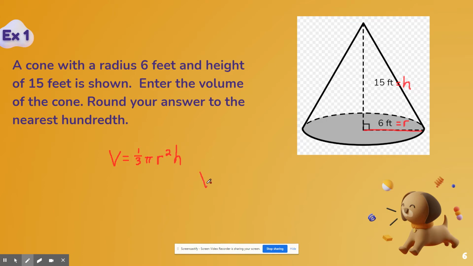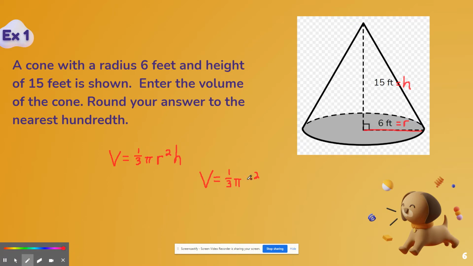So I would do the volume is going to equal 1/3 times pi times the radius squared. But I already know what the radius is, so let's use the number there.